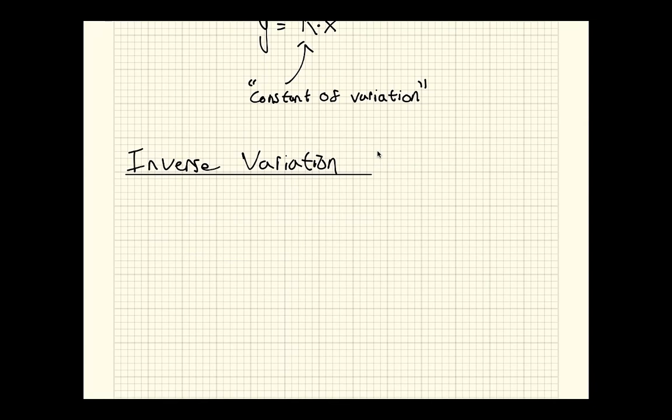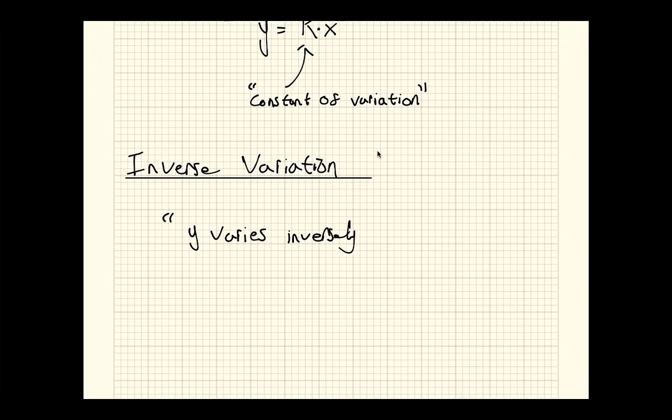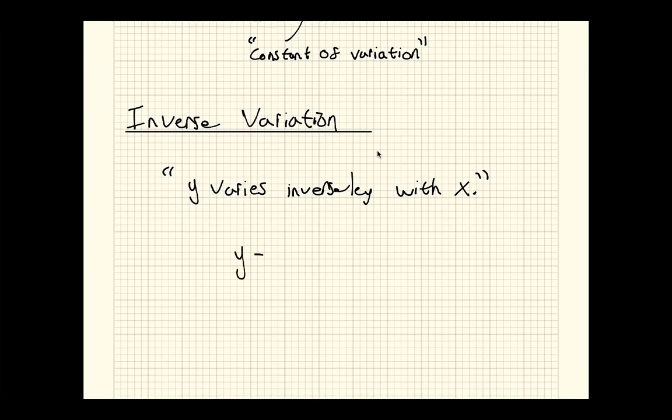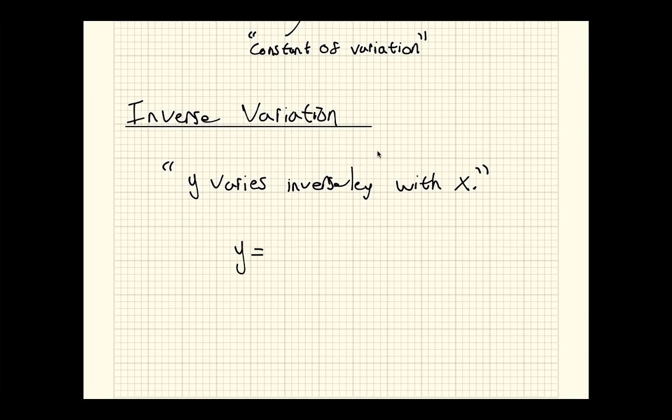Let me write it out in words first: to say that y varies inversely with x is to say that there's an inverse relationship. So we have k, which remains the constant of variation, divided by x: y equals k over x.